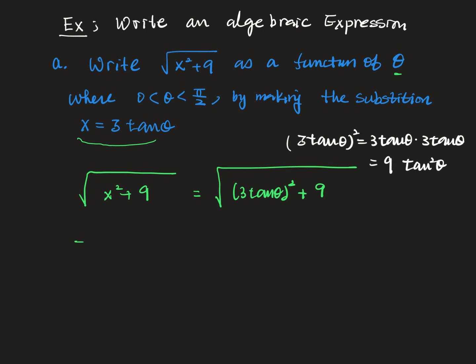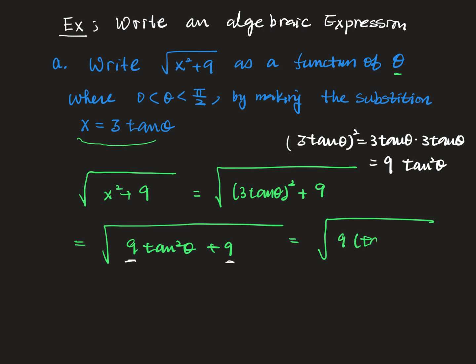So you have the square root of 9 tangent squared theta plus 9. What is the common factor here? 9 and 9, so we take out 9: tangent squared theta plus 1. So you separate the square root of 9 and the square root of tangent squared theta plus 1.